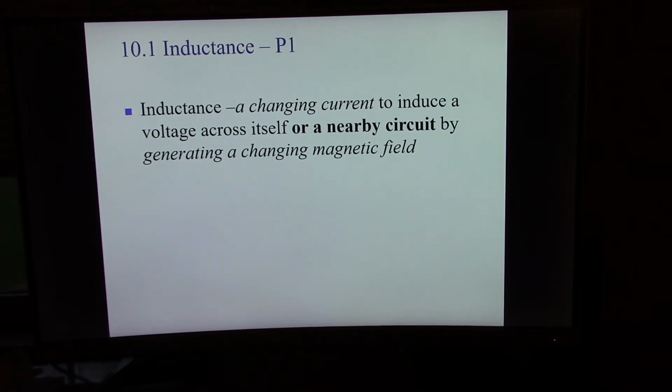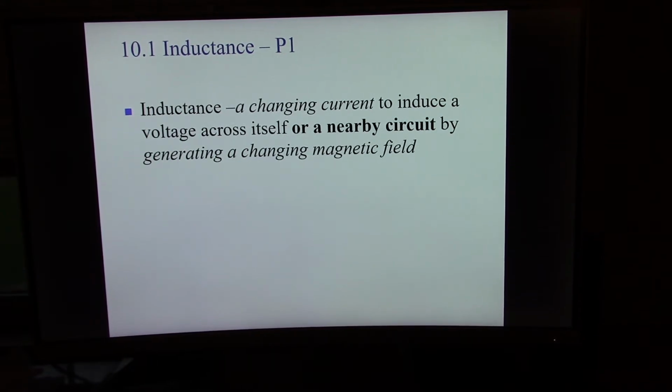when you have a change in current, it will produce a voltage across itself. So if you can think of a device, it will produce a voltage across itself or in a nearby circuit by a changing magnetic field.